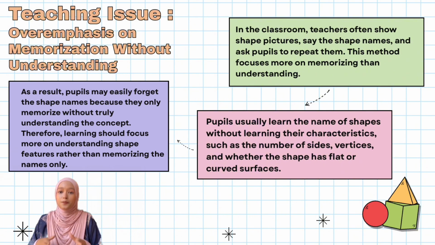As a result, pupils may easily forget the shape names because they only memorize without truly understanding the concept. Therefore, learning should focus more on understanding shape features rather than memorizing the names only.